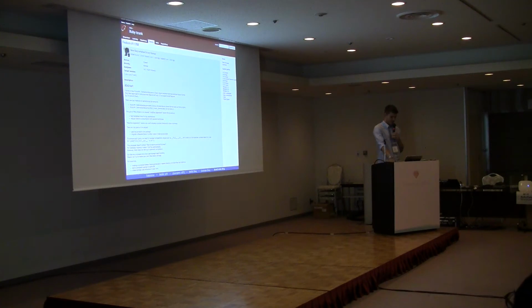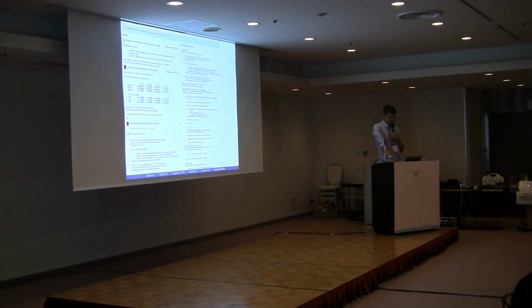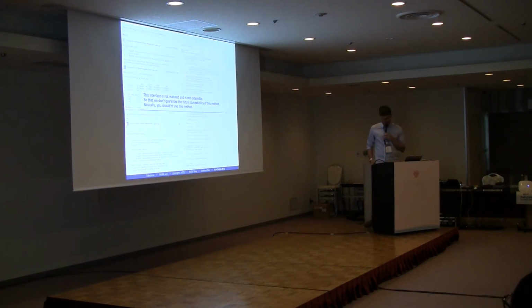Koichi introduced this about a year ago, a little more than a year ago. I found this section. The rest of this talk is based on using this method. So don't tell Koichi.